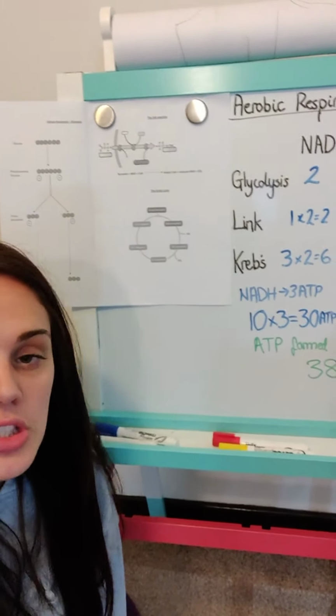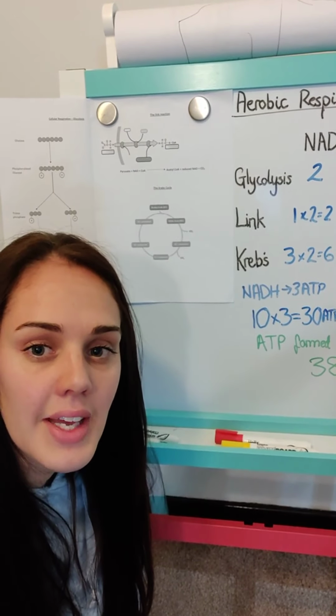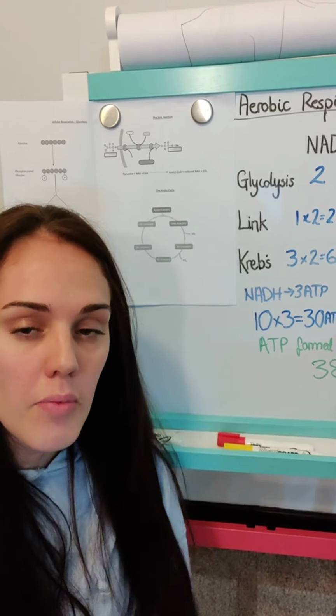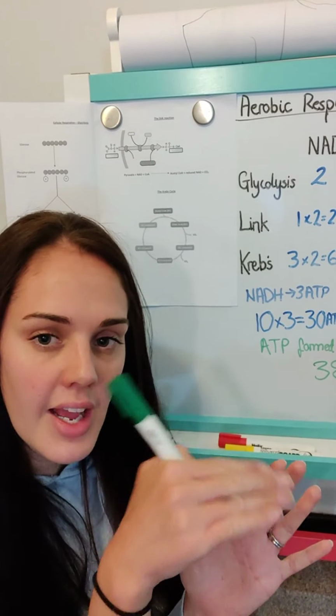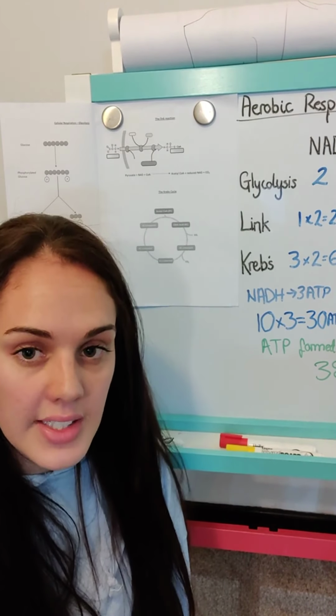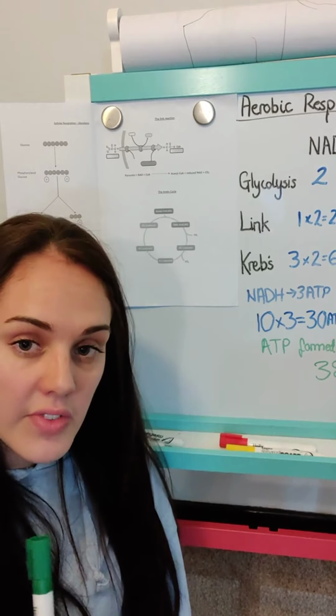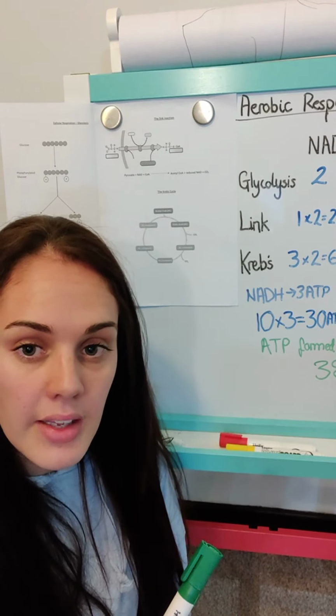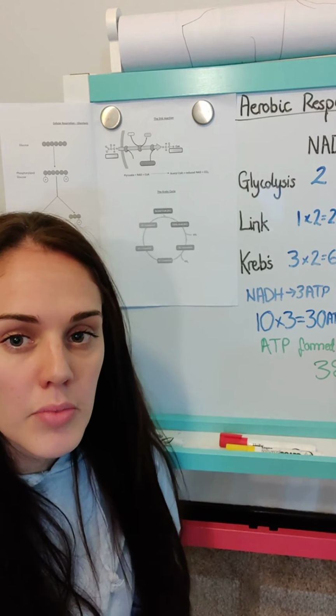First of all, I mentioned in the electron transport chain that process of the electron transport chain and the ATP synthetase, that is called oxidative phosphorylation. That's because a phosphate, an inorganic phosphate ion, is being added to ATP in an oxidative process.